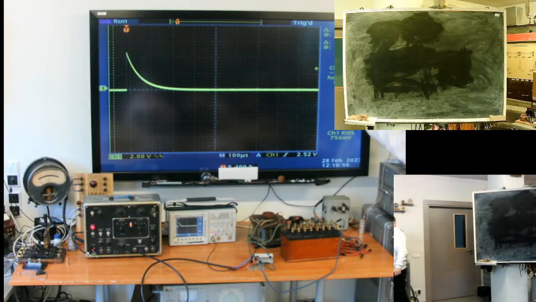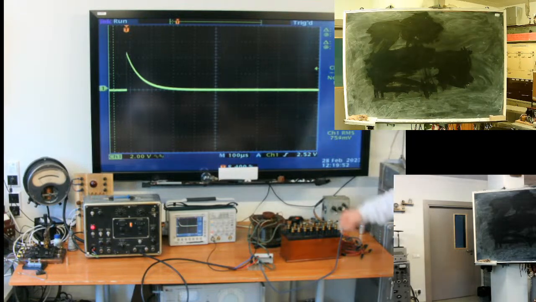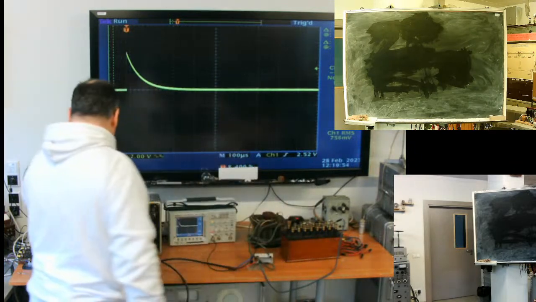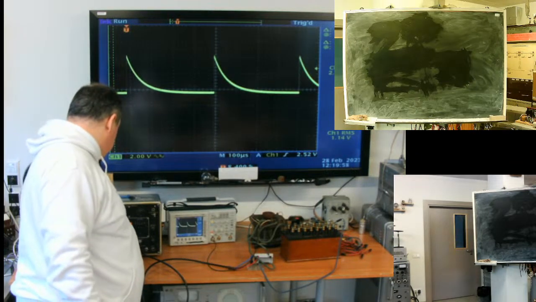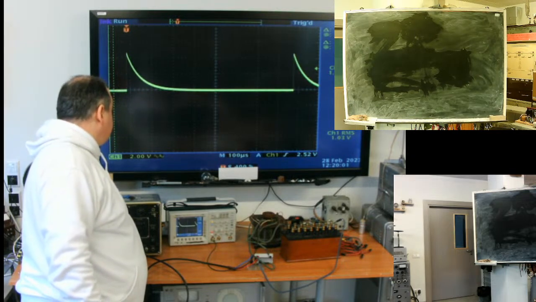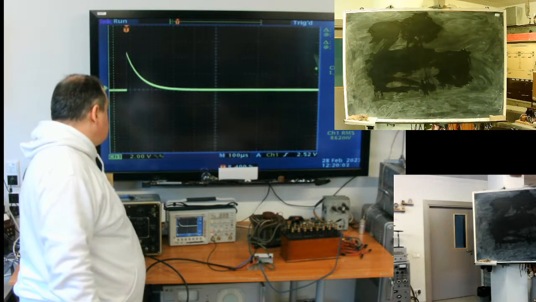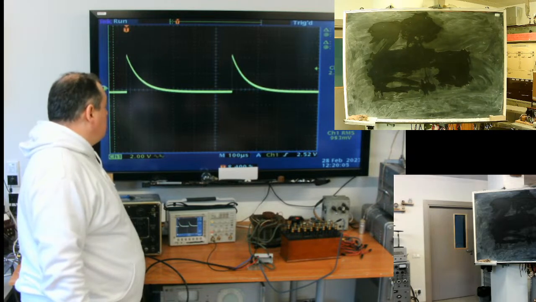For the scope, the signal has no period, while it is periodic, as the generator still produces pulses. Non-periodic, periodic.